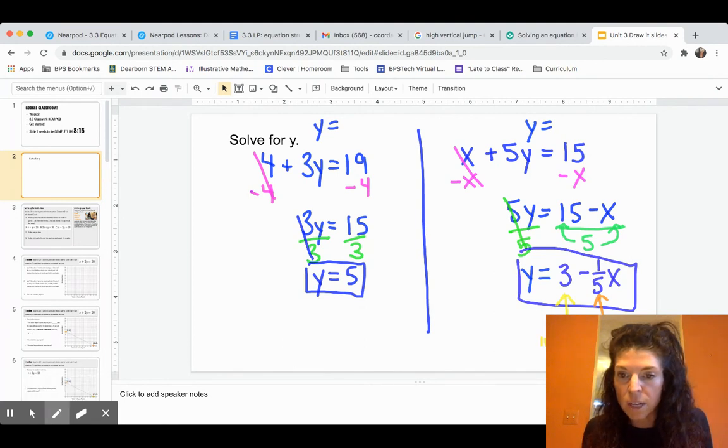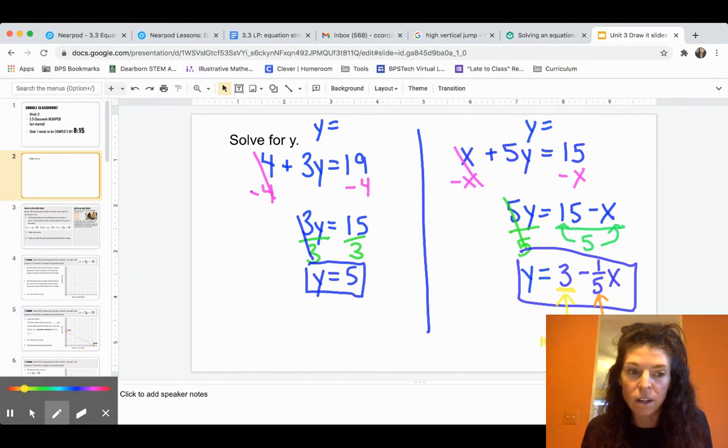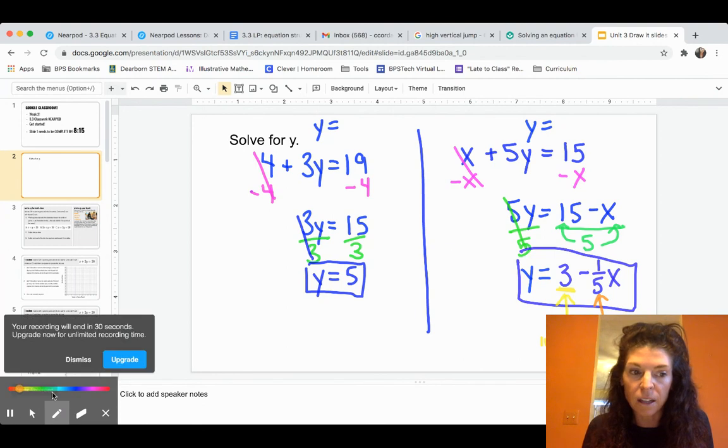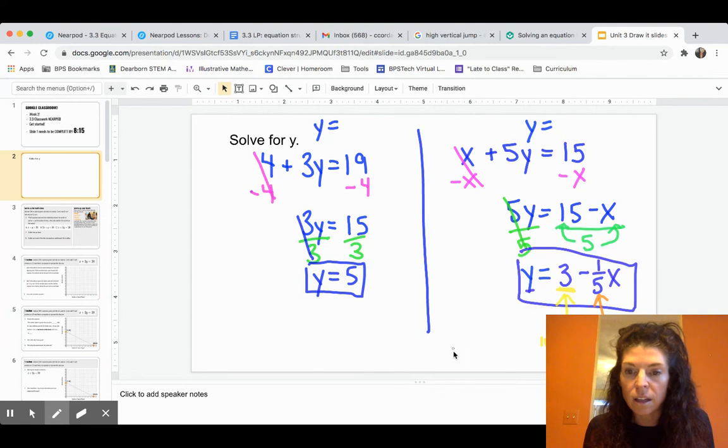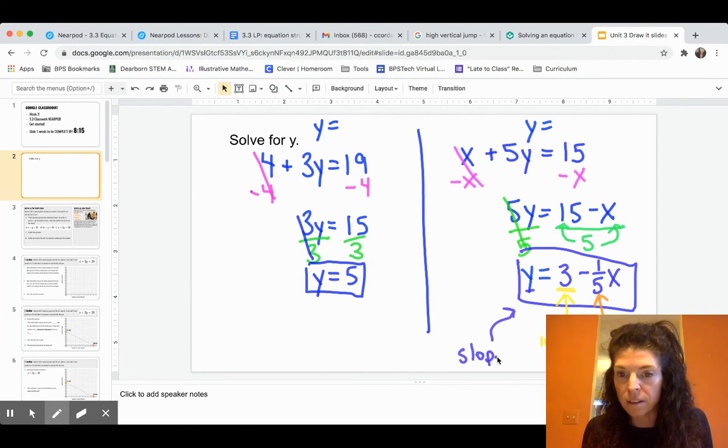So when we have an equation set up like this, with a constant, which is just a number, and then a coefficient in front of the x, and it's equal to the y, this tells us slope-intercept form. It tells us about the graph of the equation.